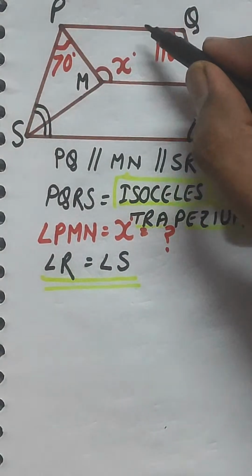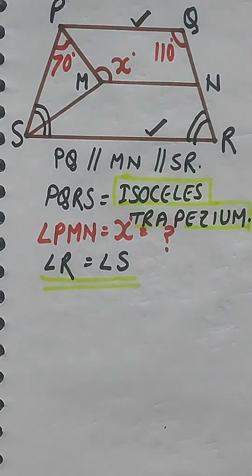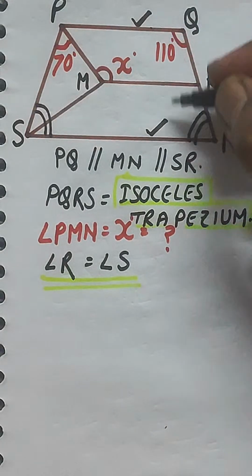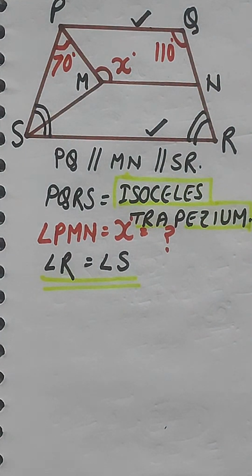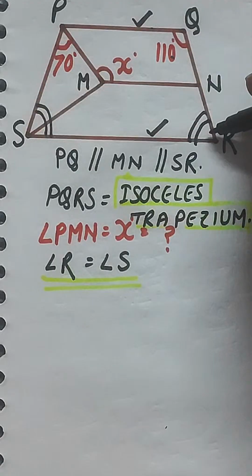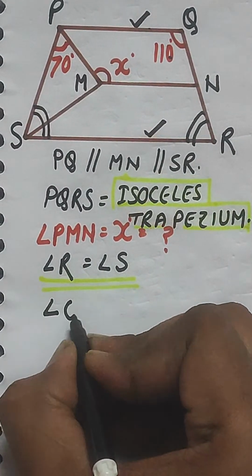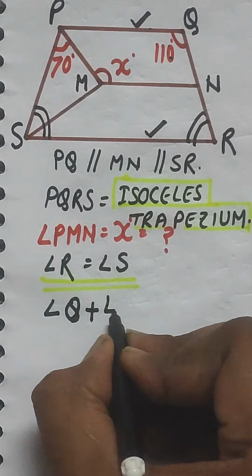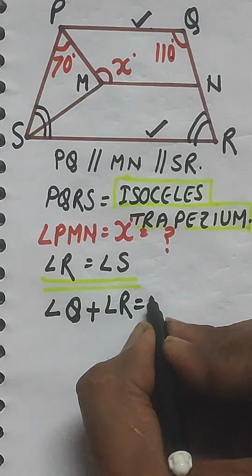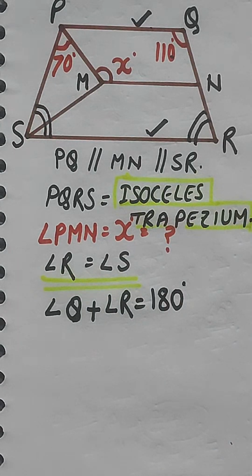First of all, see, this line is parallel to this one, is given. If these lines PQ and SR are the parallel sides of the trapezium, then we can say that the sum of its interior angles, that is angle Q and angle R, will add up, and the sum of these co-interior angles will be equal to 180 degree.